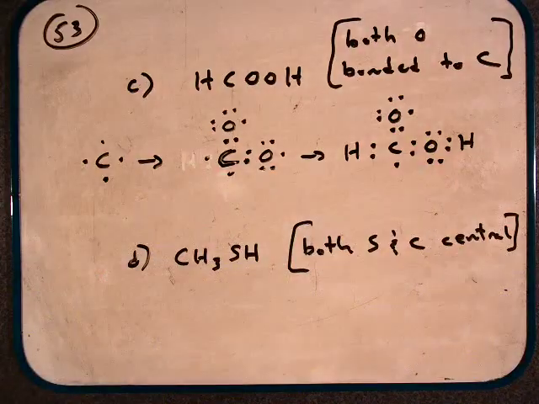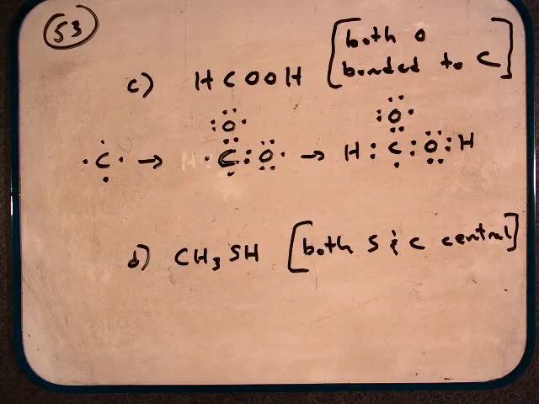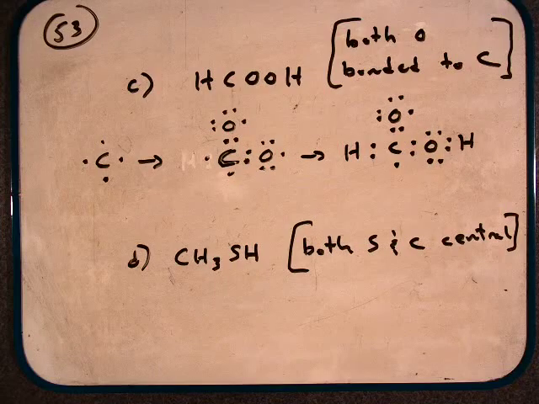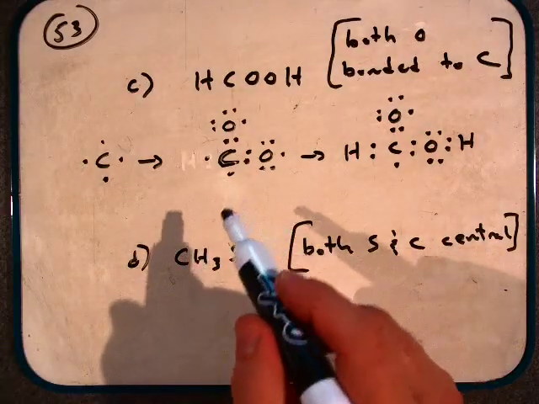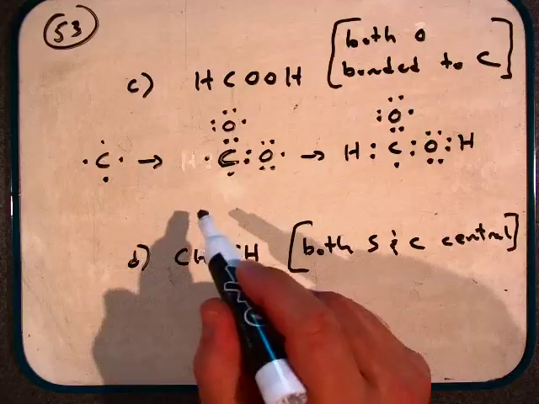And so we end up with this structure. And now we're actually fairly close. We have one of the oxygens with its octet. The 2 hydrogens are happy, and now the carbon and the oxygen above the carbon both need 1 electron, and so they are going to share those by forming a double bond.